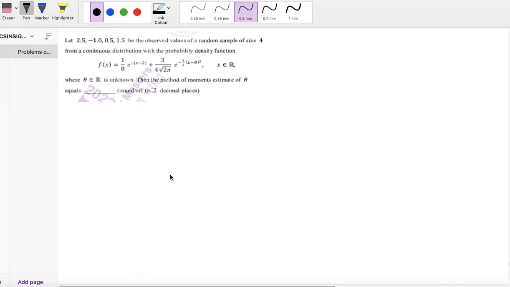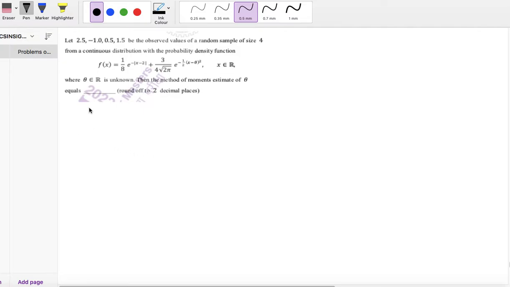This is a bit tricky problem. Not tricky, simple. We are given the observed values of a random sample of size 4, and the continuous probability density function is given. We need to estimate theta with the help of the method of moments.